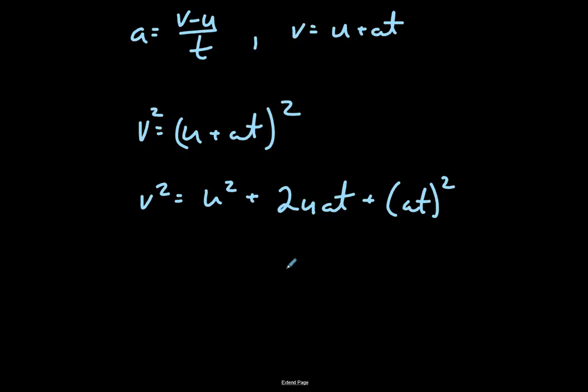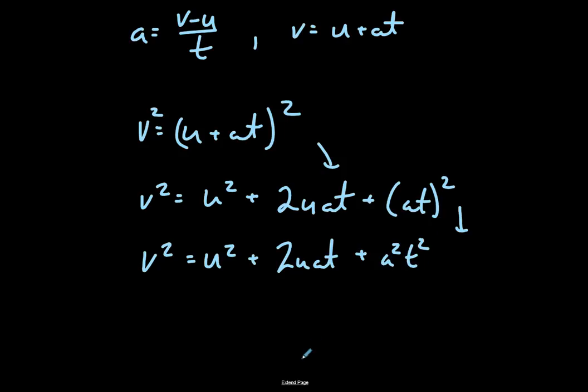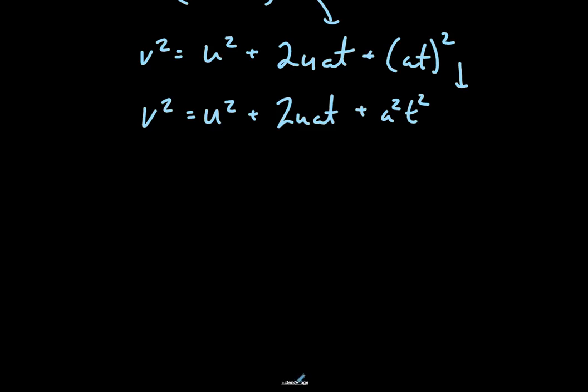Then next step, rewrite it: a squared t squared. Next. So I've got 2uat plus a squared t squared.